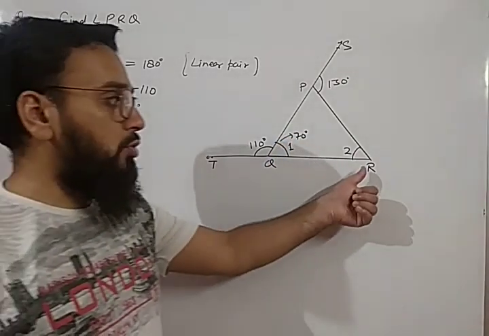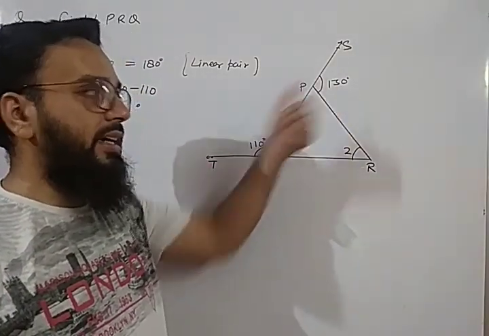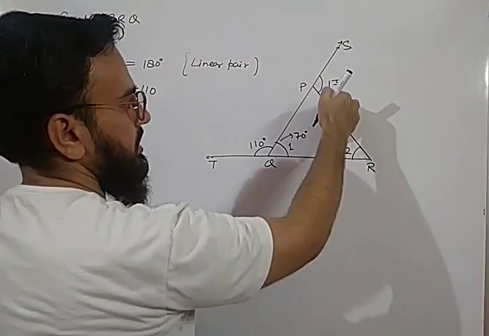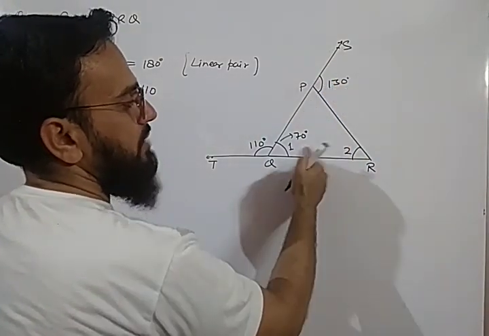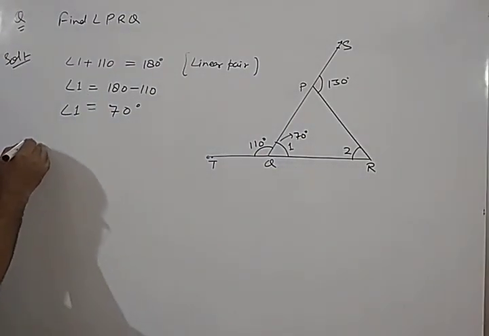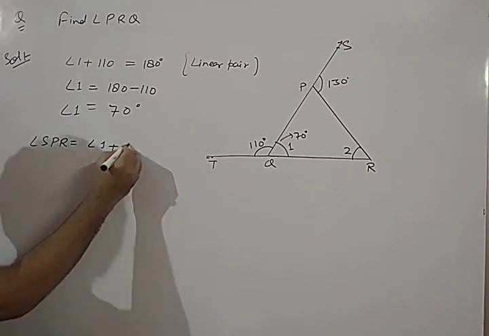We have to find the value of this angle, angle PRQ. Now we can use the exterior angle property. This is the exterior angle SPR, and the exterior angle is equal to the sum of the interior opposite angles. So angle SPR is equal to angle 1 plus angle 2.